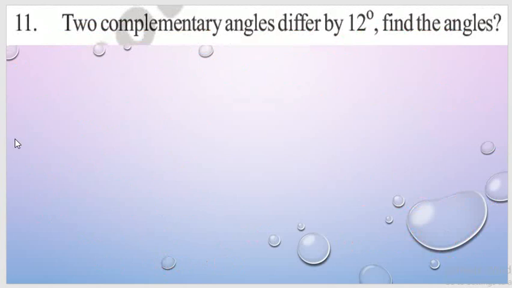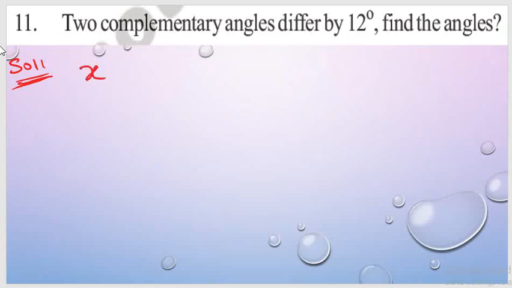Question number 11. So he has given two complementary angles differ by 12 degrees. So what is the meaning of complementary angles? So here one more condition we need to learn. Right. So what is meant by complementary angle?